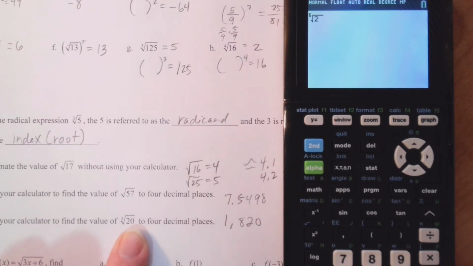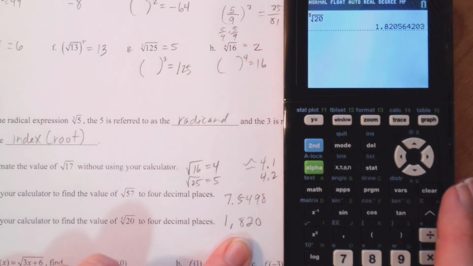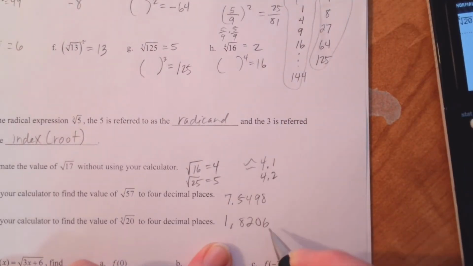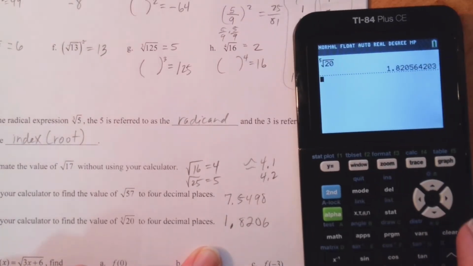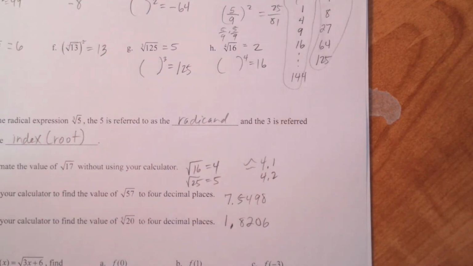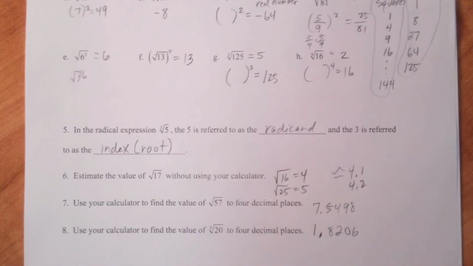This is the fifth root of 20. Let's arrow out of there and hit enter. And you get 1.820. It looks like it's a 6. All right, so that's going to be it for the calculator for now. All right, let's move on to number 9.